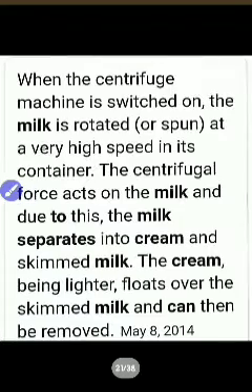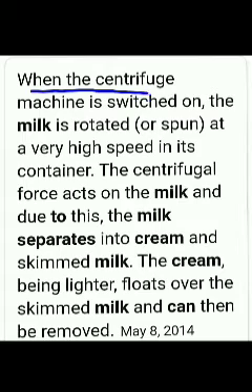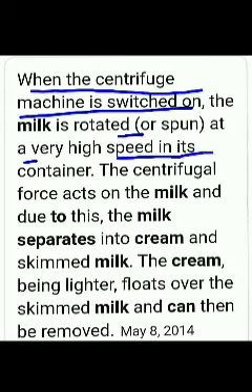The next point is, when the centrifuge machine is switched on, the milk is rotated at a very high speed in its container.